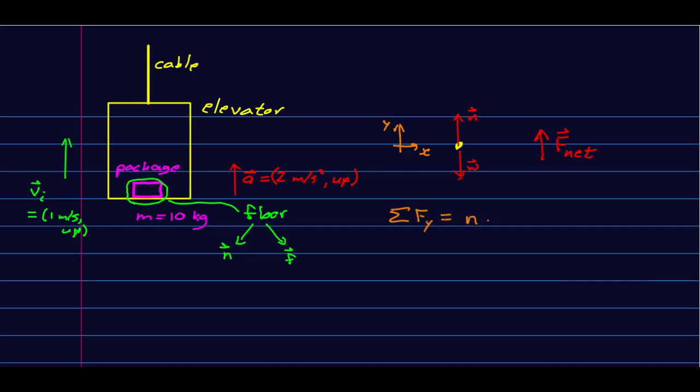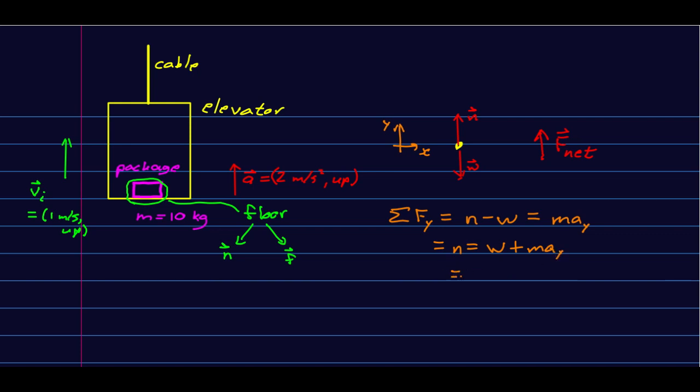We're going to have our normal and our weight, and that now equals m a_y, the y component of ma. And so our normal is apparently the weight plus ma.